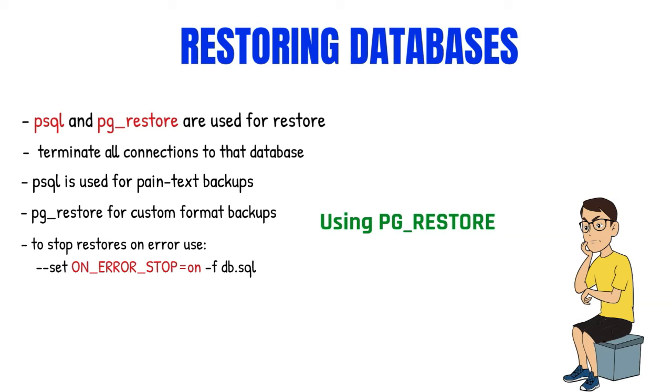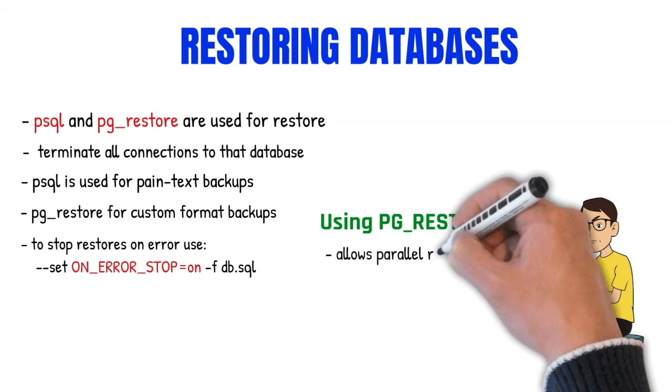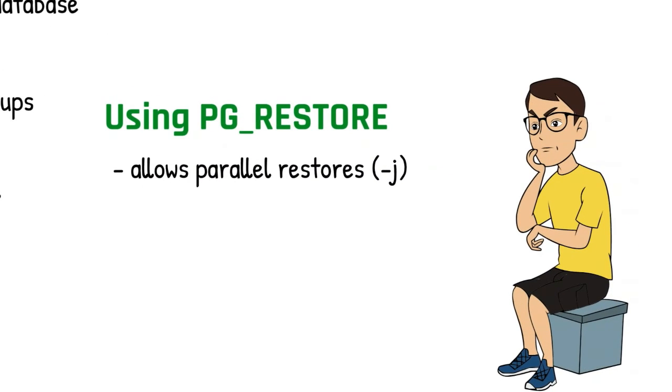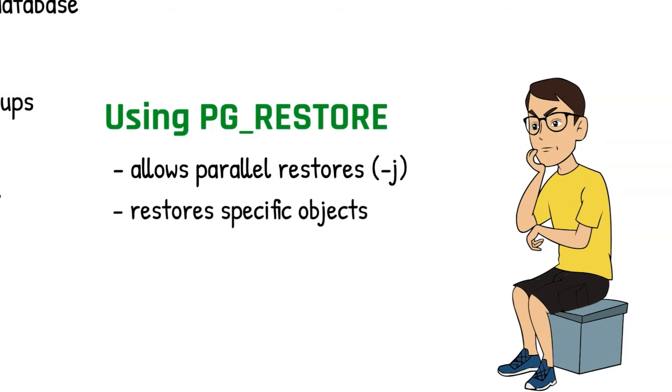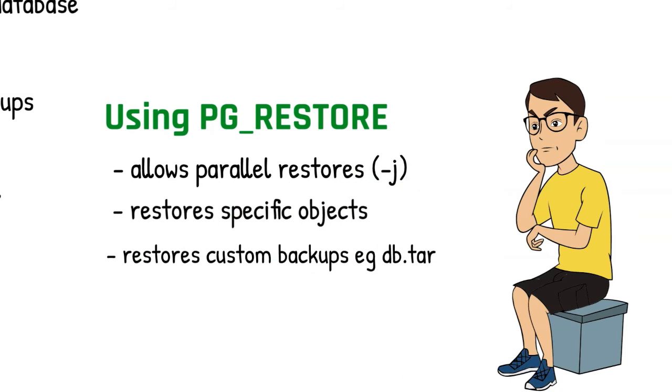For example, pg_restore allows you to perform parallel restores using the -j parameter, and then you specify the number of threads or number of jobs that you want to use to do the restore. Each thread restores separate tables simultaneously, and just like when you're doing the backups, this will speed up your restore process significantly. The pg_restore option also allows you to restore specific objects in a database backup file.